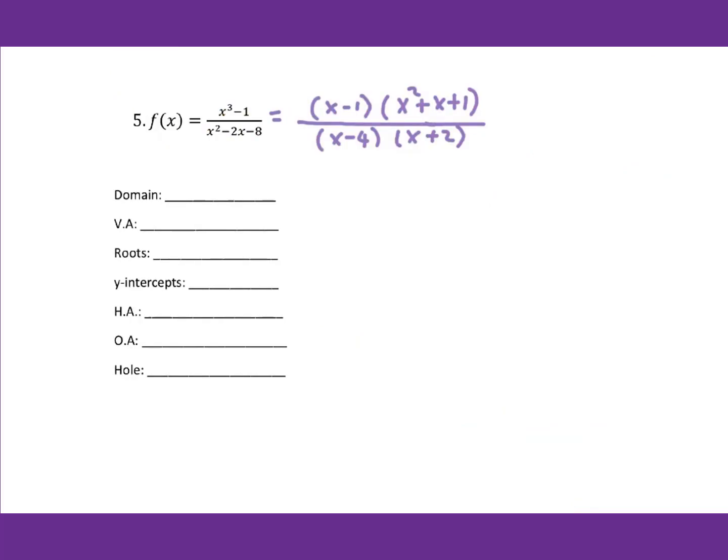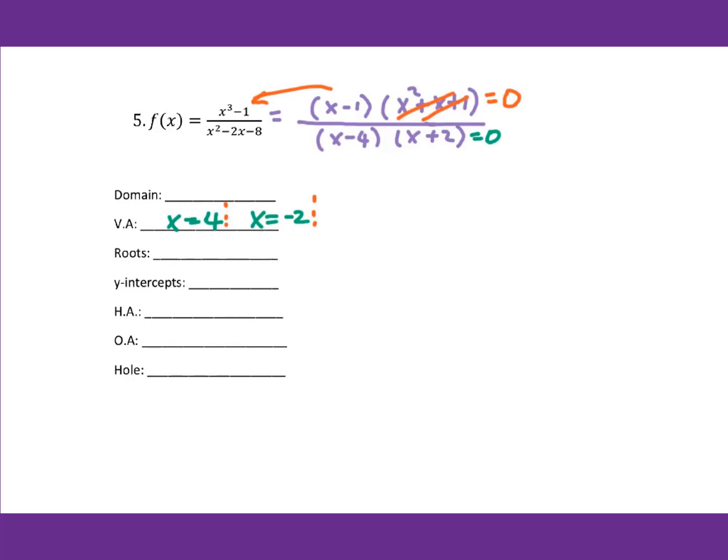For number 5, first of all, factor. Your vertical asymptote line, you will set up denominator equal to 0. You get x equals 4 and x equals negative 2. For roots, you will make the top equal 0. Since this is a cubic factoring, that means this one cannot be 0.